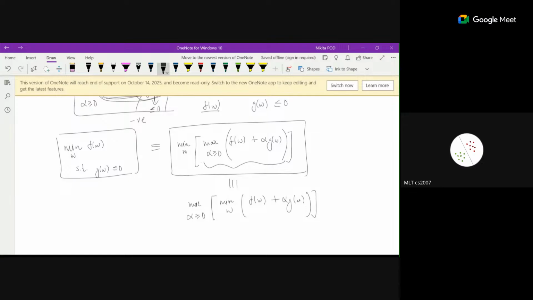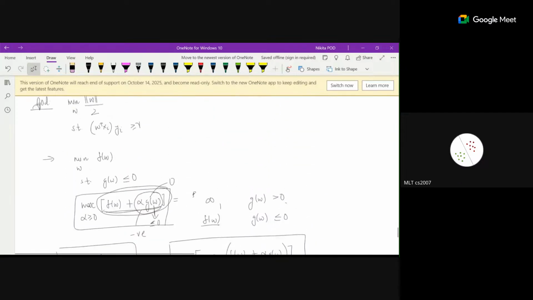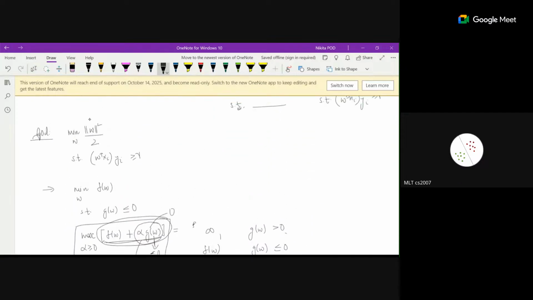Now the original problem that we had was, my f of W was norm of W squared by 2, and this is my constraint. This can be written as W transpose Xi Yi minus gamma. We are taking gamma as 1, so 1 minus W transpose Xi Yi less than or equal to 0.